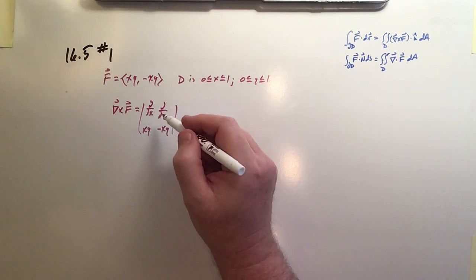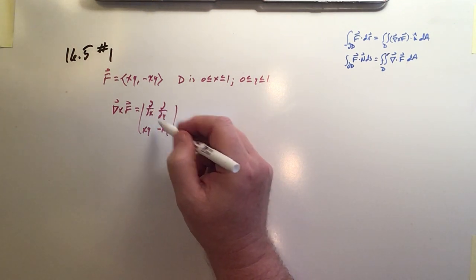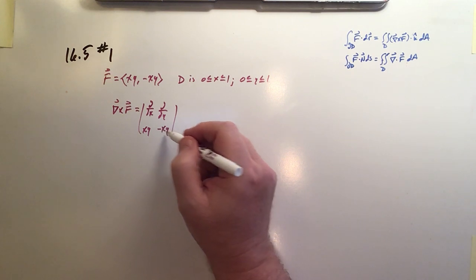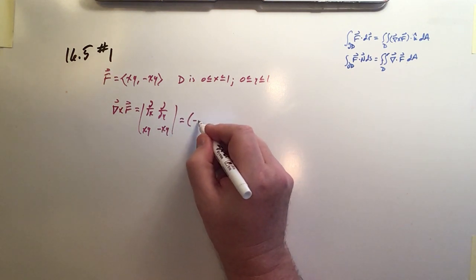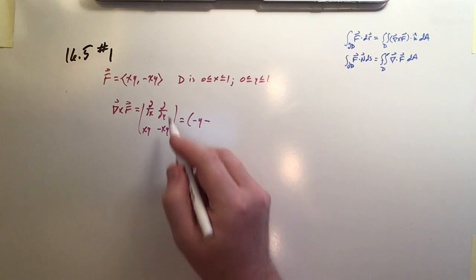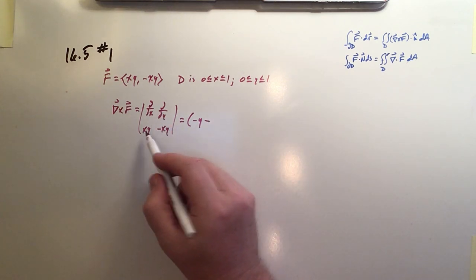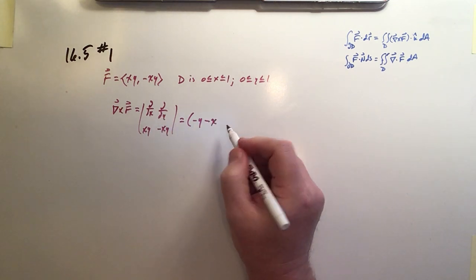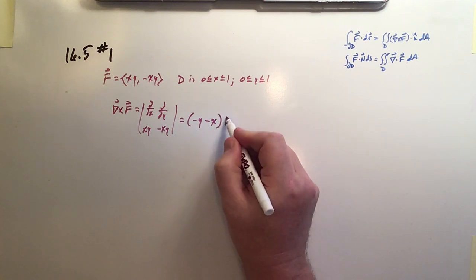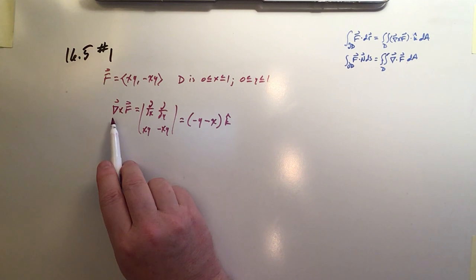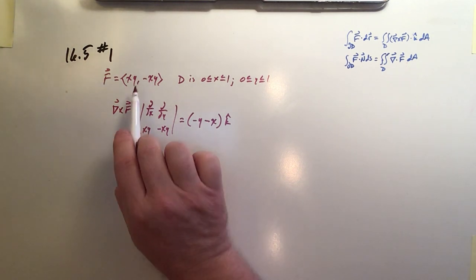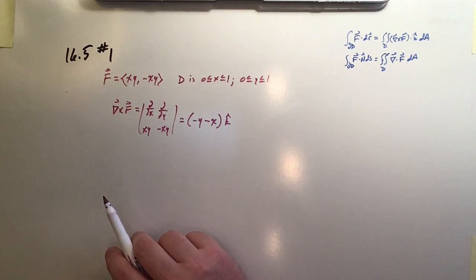Okay, so that's going to be the partial of x of this function, and that's negative y, minus the partial of y on this function, and that's x, and all of that's in the k hat direction. So that is the curl of this particular vector field.